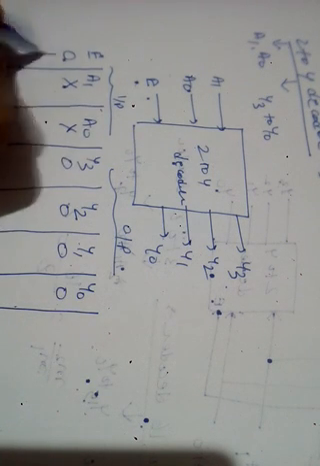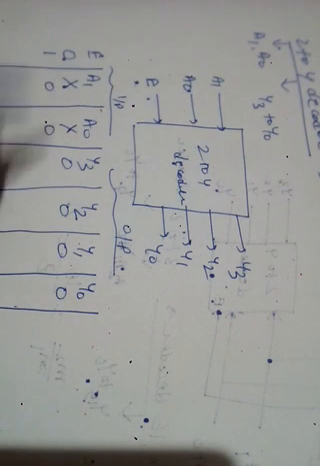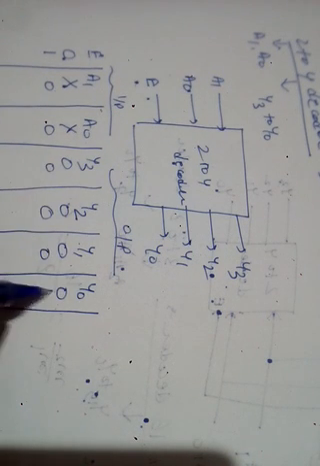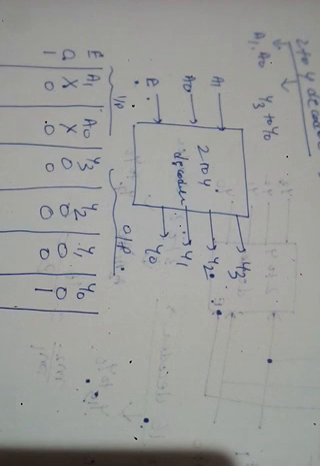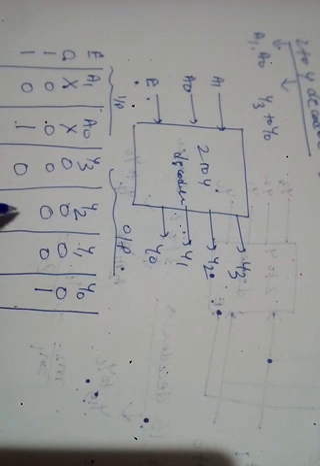Now if enable is 1 and A1 and A0 are 0, then Y0 will be 1 and the rest will be 0. Again, enable is 1 and A1 and A0 are 0 and 1, then we will get output across Y1 and the rest will be 0.